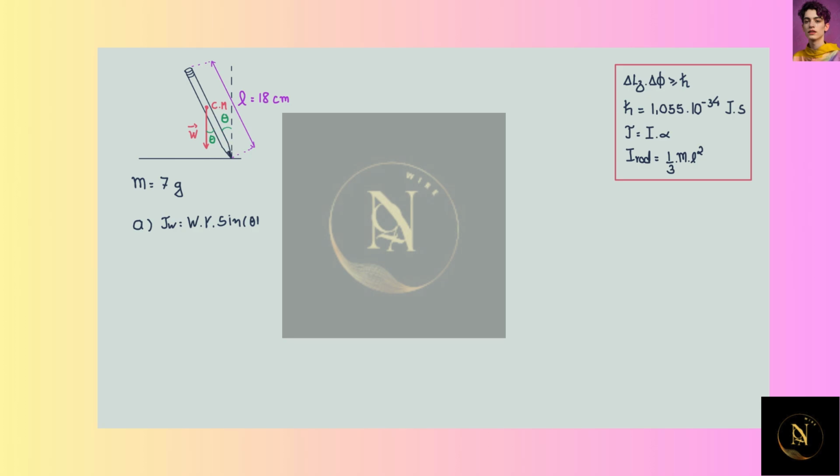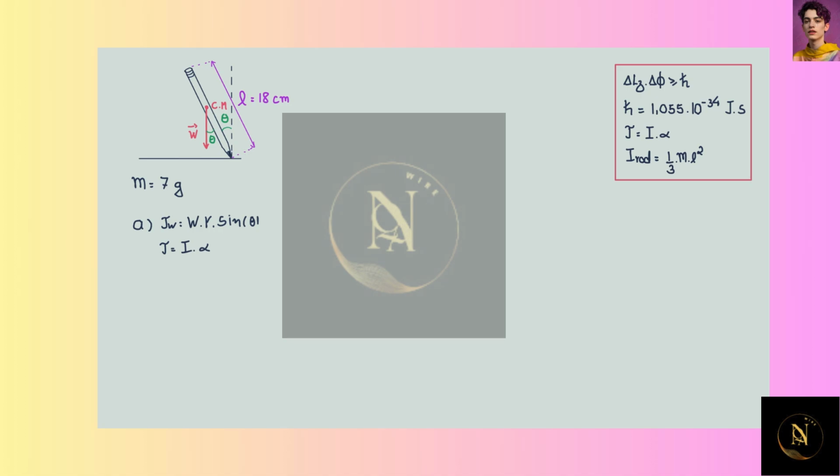As a consequence, the angular acceleration of the pencil will be equal to 0. Look, the resulting torque is equal to the moment of inertia times the angular acceleration. If that torque is equal to 0, then the angular acceleration will also be equal to 0.